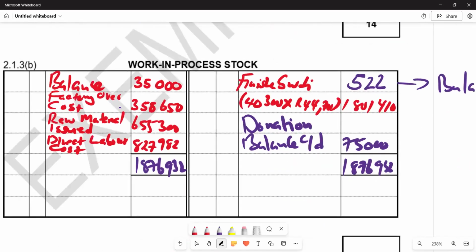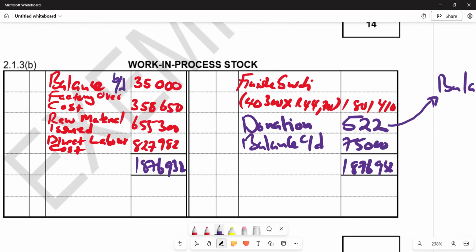Since we are saying the donation figure is supposed to come here as 522, it was easy for us to find this donation figure because we had all the figures. The balance CD was there, it's given at the beginning of the question. The balance BD is here, which is at the beginning.